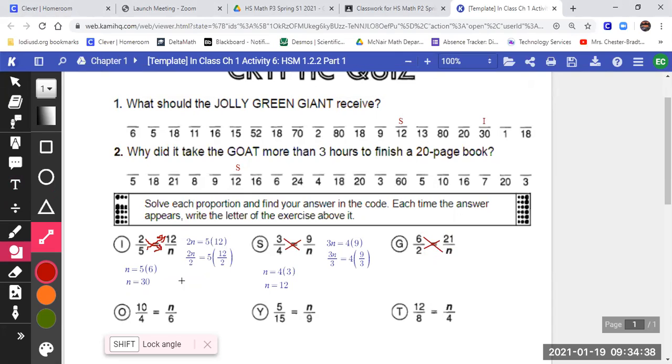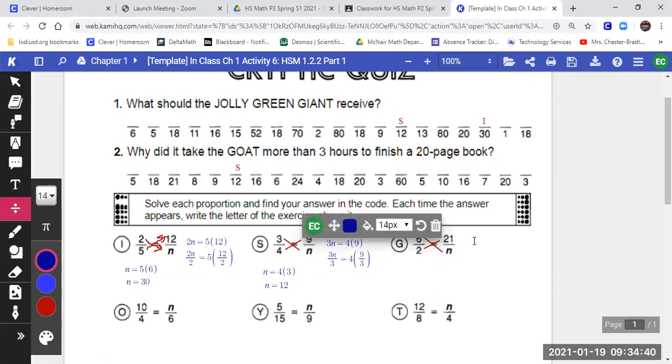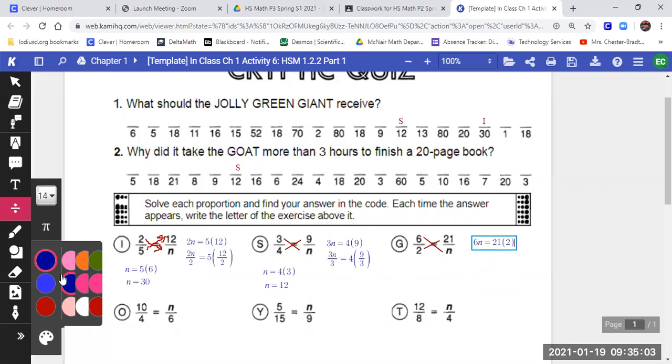I always put the variable one first, okay? So that's a 6n, 6 times n has to equal a 21 times a 2. Okay? Are we okay with that? Any questions? Okay. So what are we going to do next? What's our next step? Look at the last 2 we've done. What would I be doing now?